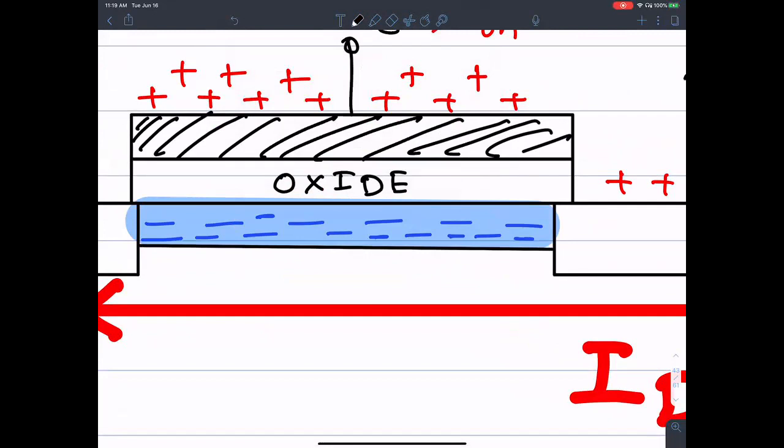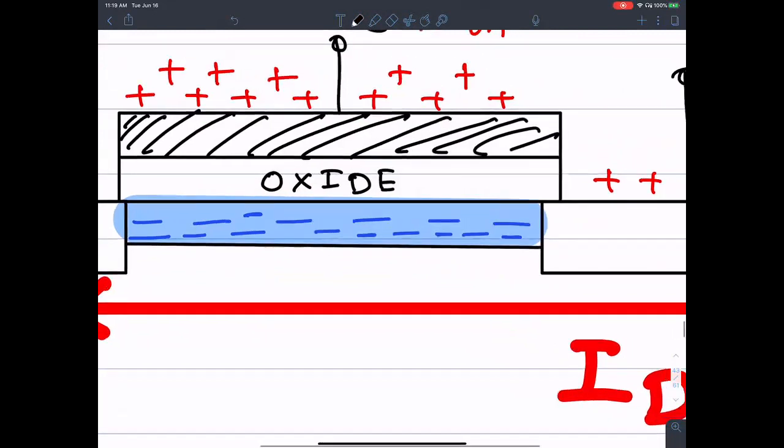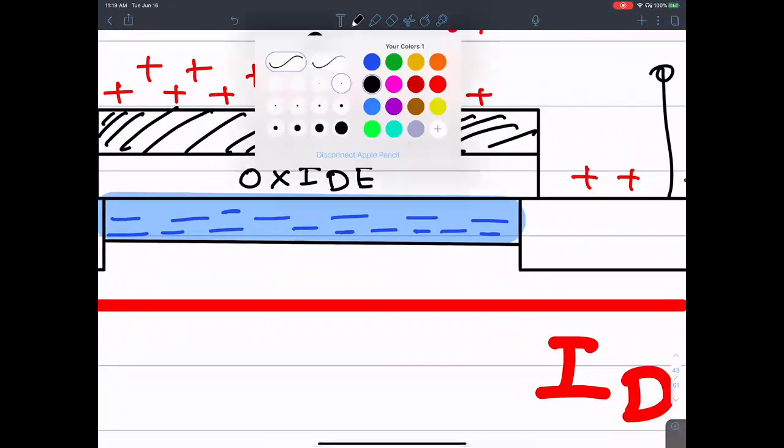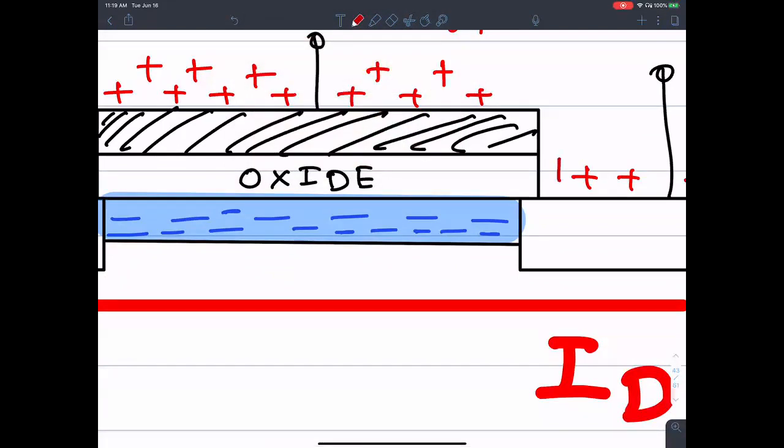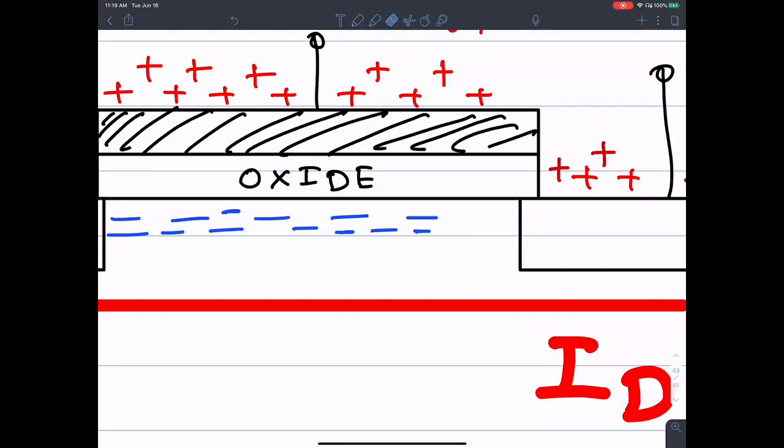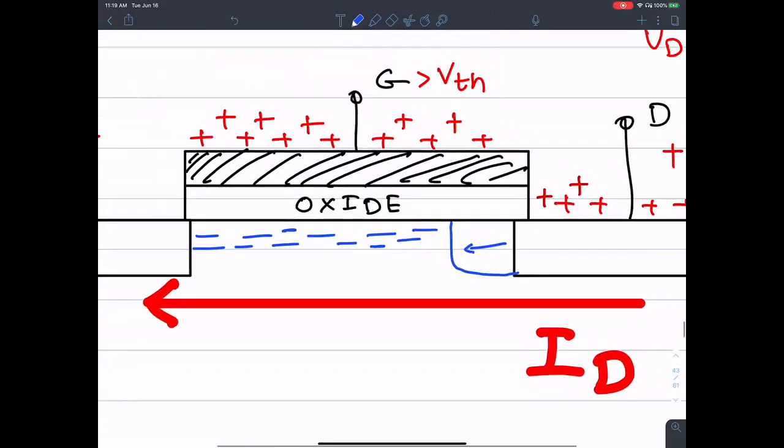But because I'm increasing the positive voltage on the drain, all the electrons here are going to be attracted into the drain, or in other words, the effect of the drain is going to extend into the channel. Does that make sense?